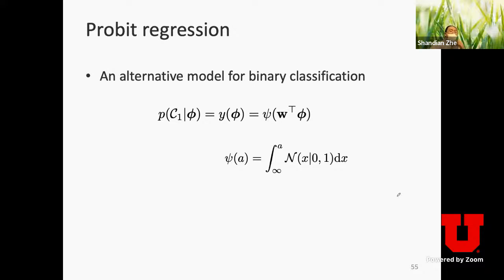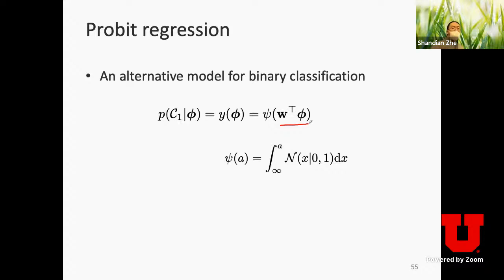So for binary classification, there is another approach. It's called probit regression. Probit regression is also a popular binary classification model as an alternative to logistic regression. So what is probit regression? Similar to logistic regression, we still use a linear structure to model a prediction score.